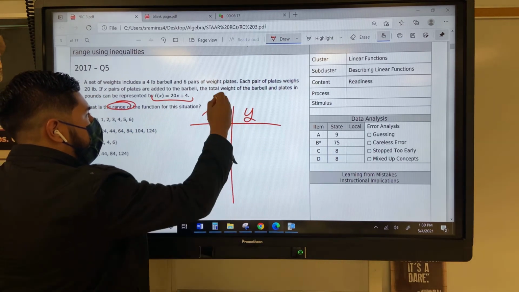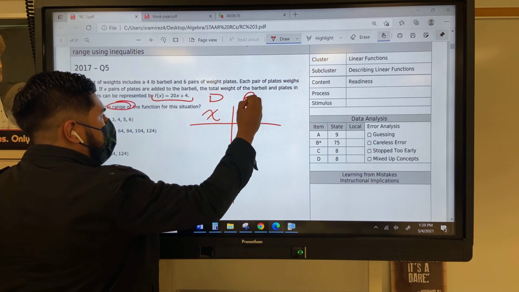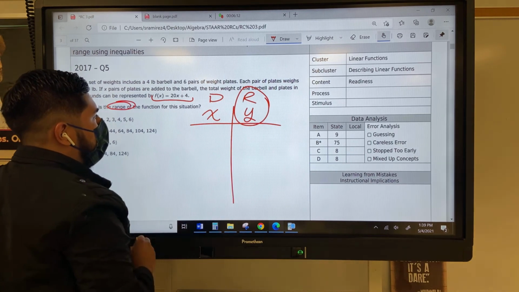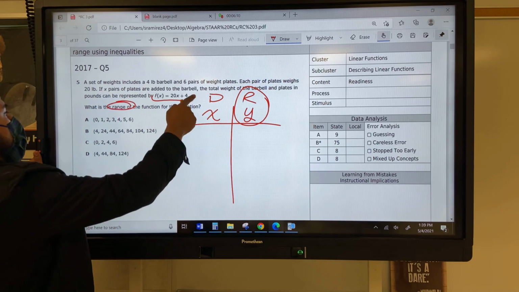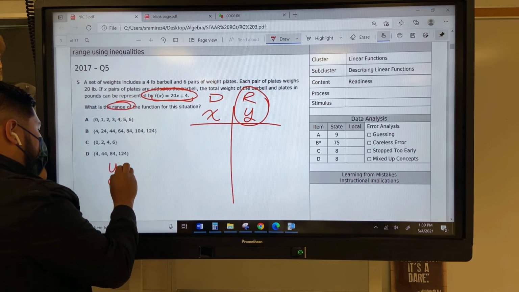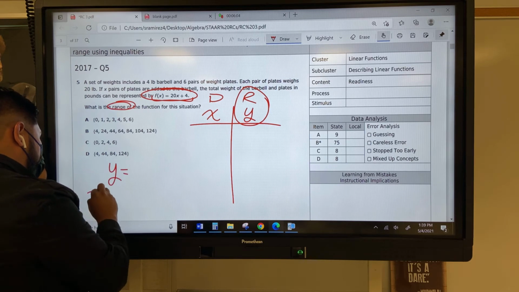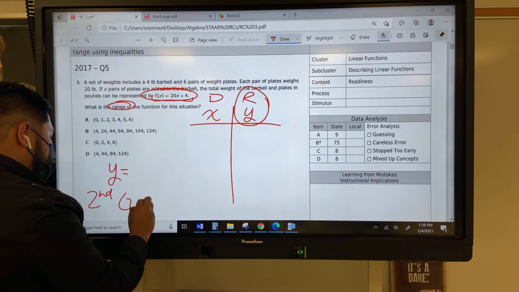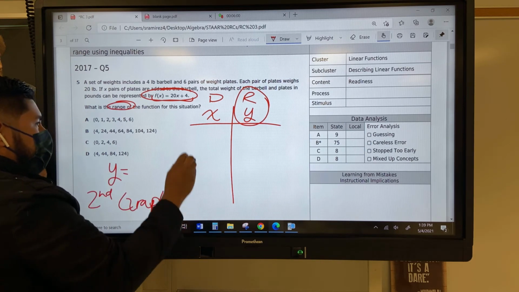Obviously, my range is right here because if I did domain x, range y, we're looking at these numbers. Let's go to Y equals, we're going to press second graph to get a table.